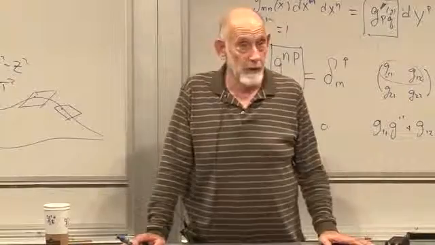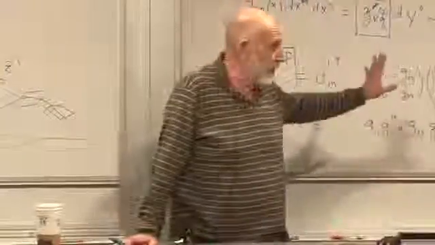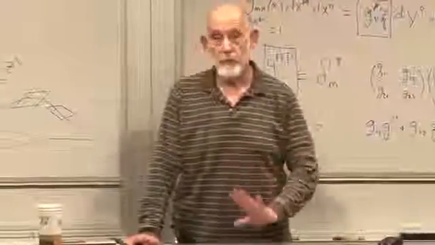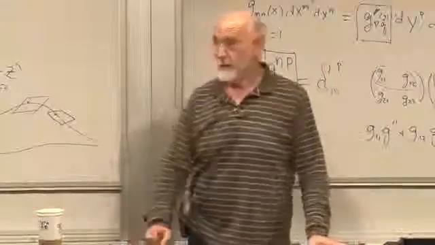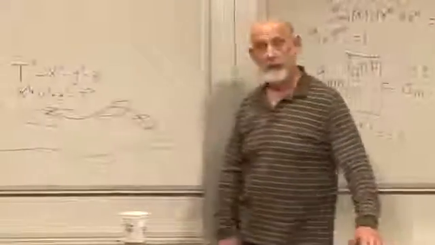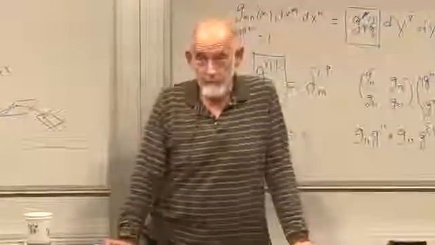At the moment we're just doing ordinary geometry, and we will come to Lorentz geometry. Lorentz geometry is nothing but throwing in an extra sign, but we'll come to that.